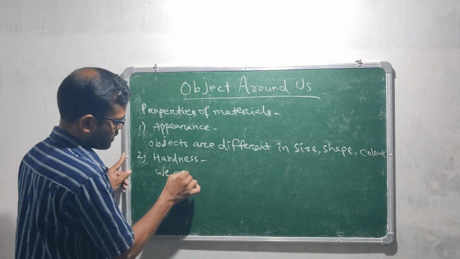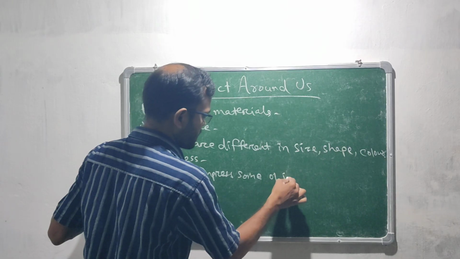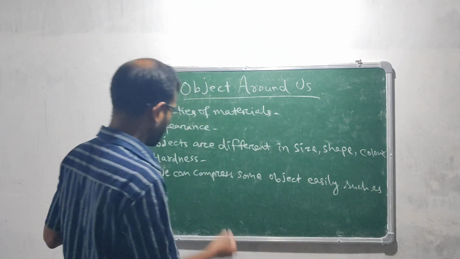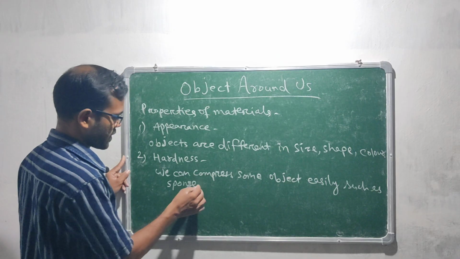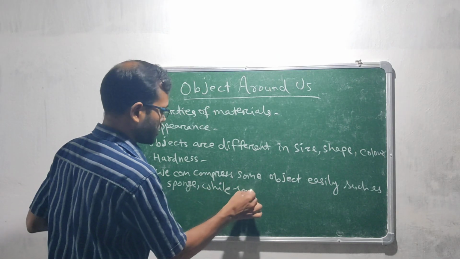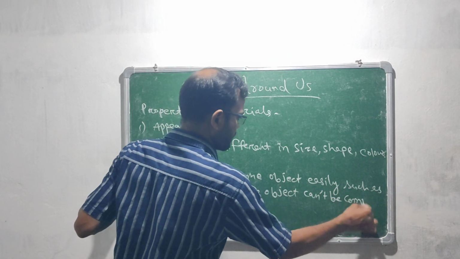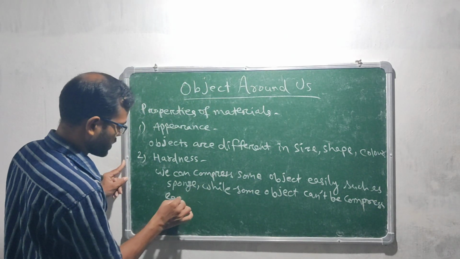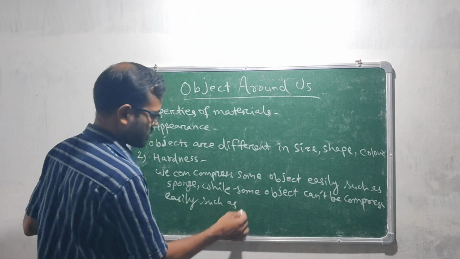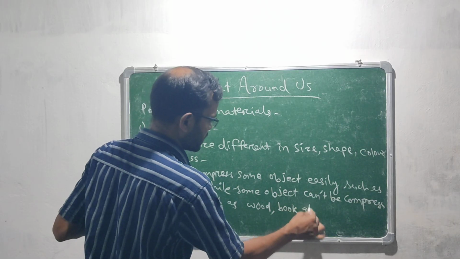We can compress some objects easily, such as a sponge. But some objects can't be compressed easily, such as wood, book, glass.